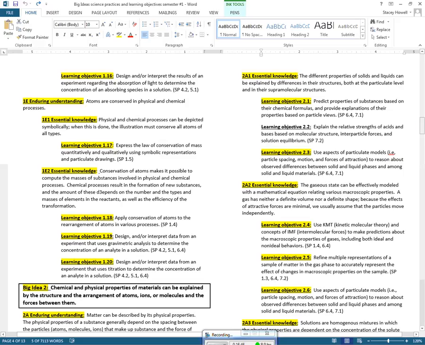Okay. Apply conservation of atoms to the arrangement of atoms in different processes. Again, be able to visualize and draw that. The gravimetric, that's the one where we took a sample and we were trying to find the concentration.